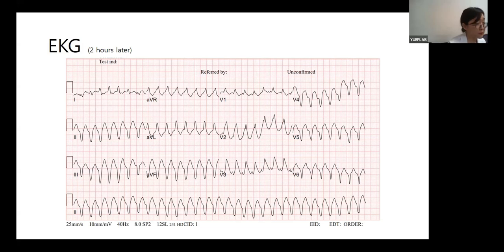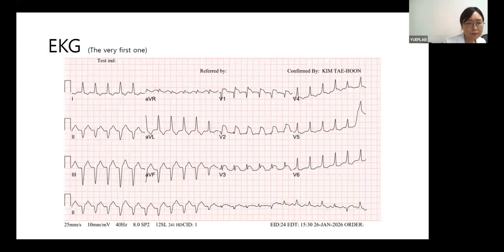This is VT. Yes. And in the previous ECG, the first ECG, I don't know why this patient shows significant ST elevation only in the right precordial and septal area. Other areas are okay.